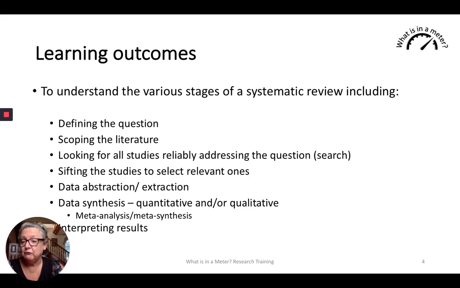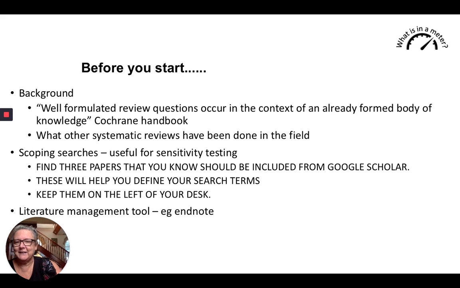So I advise that you read up quite a lot on this, but I'm going to take you through defining a question, scoping the literature, looking for all the studies that address the question that you're wanting to answer. Then we have to sift the studies to find the ones that answer the question, and how we do data extraction, data synthesis, and then what do we make of the results. So we're going to talk through that a little bit today.